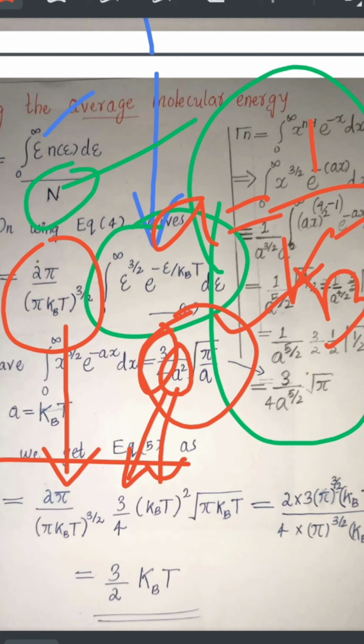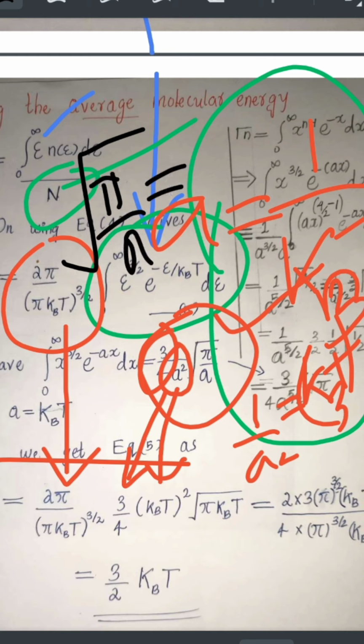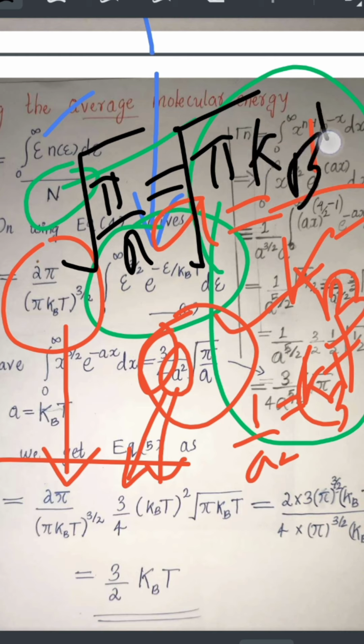So 1 by a square is equal to kBT whole square. And this root pi by a becomes root pi times kBT, because 1 by a is kBT, in the numerator. So you can see that here.